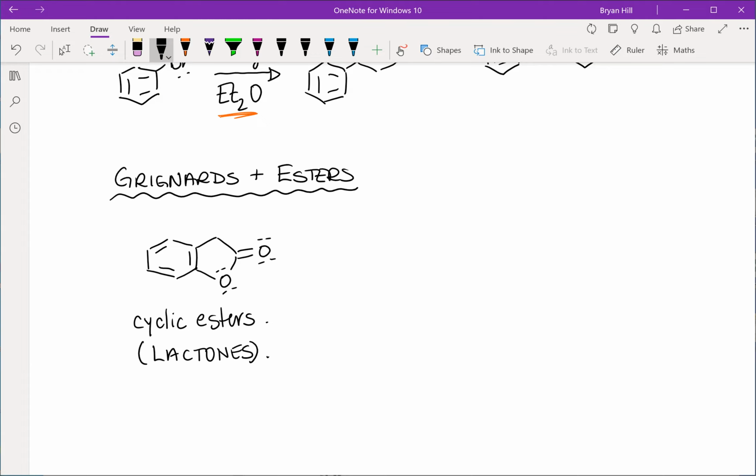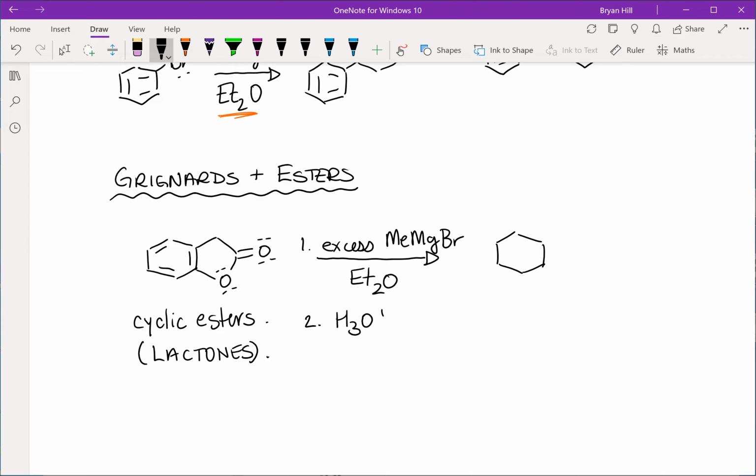So let's pretend that we are adding excess methyl magnesium bromide. And this is an ether. So the product we're going to make is going to look like this. Oh yeah, and then that will be step one. The second step will be our acid. We'll do the mechanism in a second here.